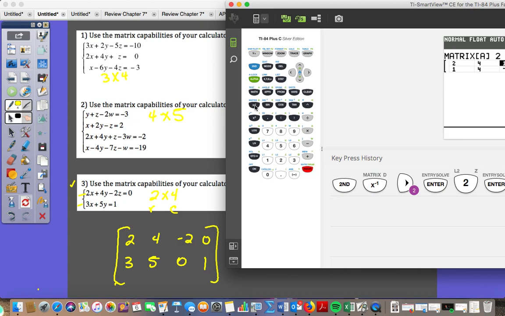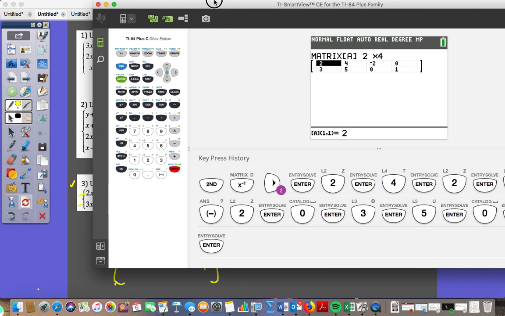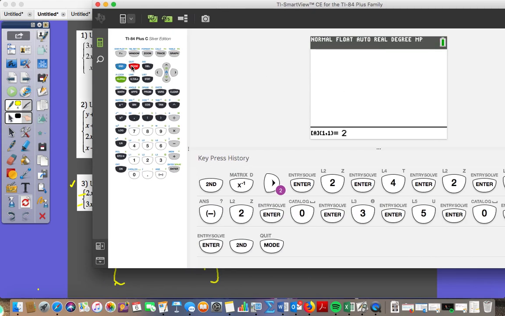So 2, 4, and make sure we have the negative -2, not the minus key. If you use the minus, it'll shoot you an error. And there we are. We've got our matrices here. Go ahead and go over to second quit.